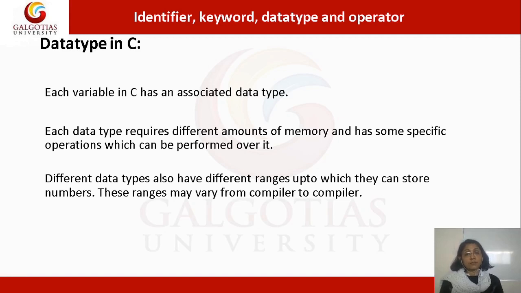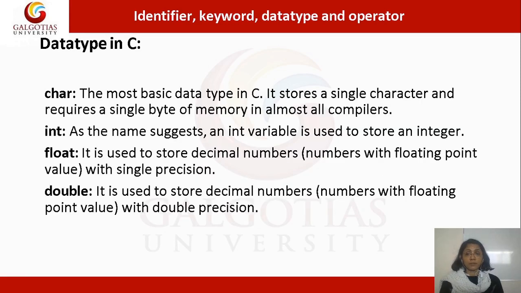Each data type requires a different amount of memory and has specific operations which can be performed over it, and has different ranges of numbers. These ranges may vary from compiler to compiler. For example, the character basic data type allows you to store a single character and requires a single byte of memory in almost all compilers.